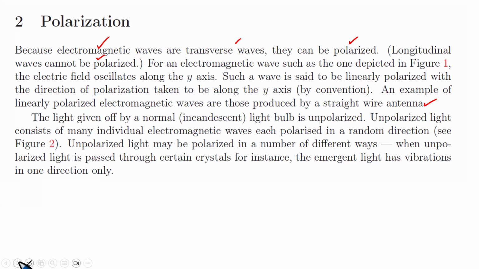By convention, the wave oscillates along the y-axis, and such a wave is said to be linearly polarized, with the direction of polarization taken to be along the y-axis by convention. An example of linearly polarized electromagnetic waves are those produced by a straight wire antenna.